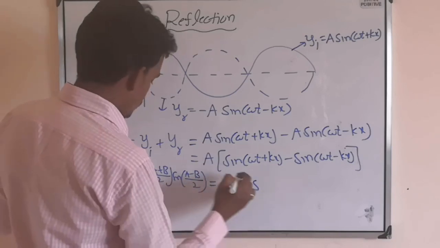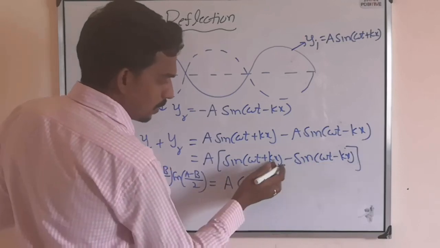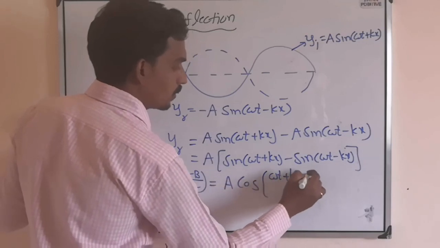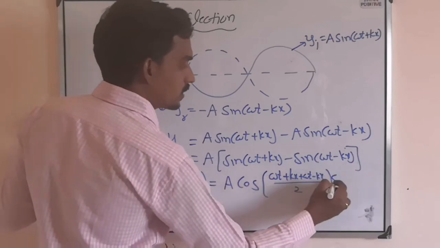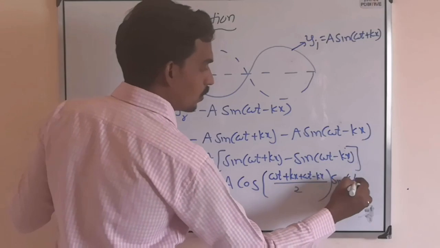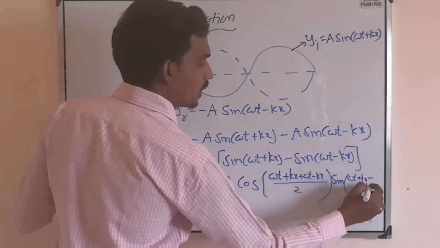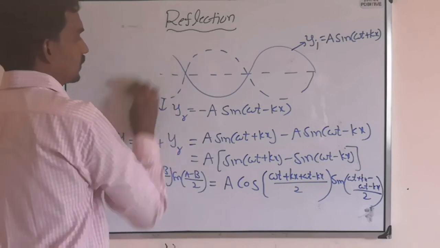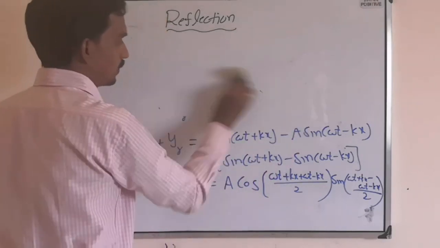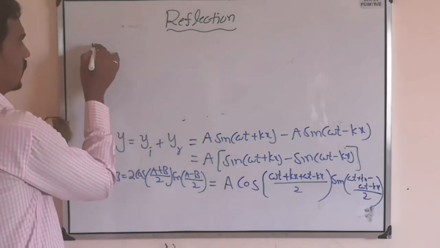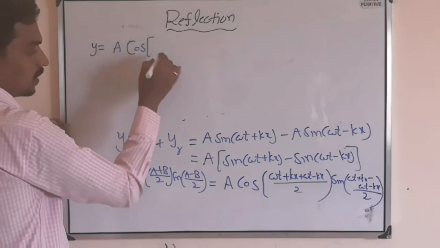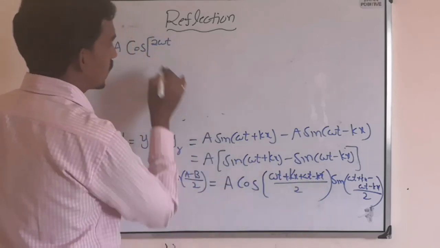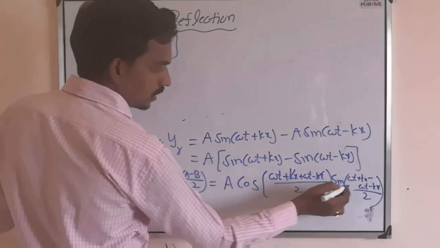So it will become cos of A plus B over 2: omega t plus omega t is 2 omega t, kx minus kx gets cancelled, divided by 2.